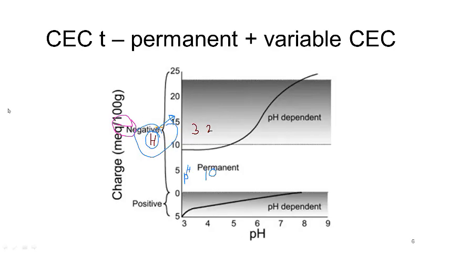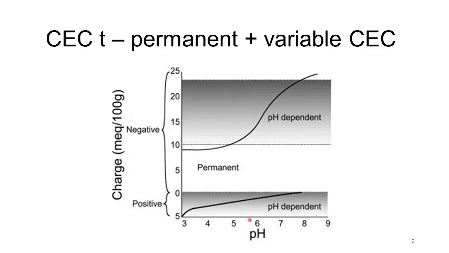This is the total cation exchange capacity. The total cation exchange capacity means the sum of the permanent cation exchange capacity and the variable cation exchange capacity. This graph shows how pH can change the cation exchange capacity and the charge of the medium.